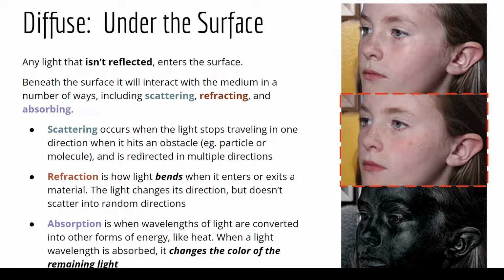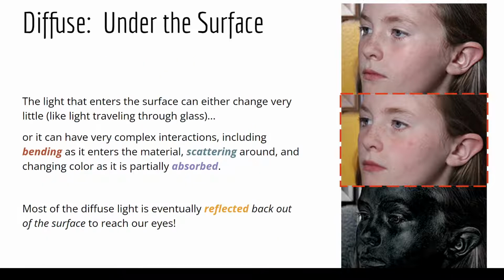When a wavelength of light, like red, is absorbed, it changes the color of the light that's still traveling. So if white light enters a surface and the material absorbs all the red wavelengths, you're changing the color of the light that is still going through. You're left with white light minus the red wavelength.